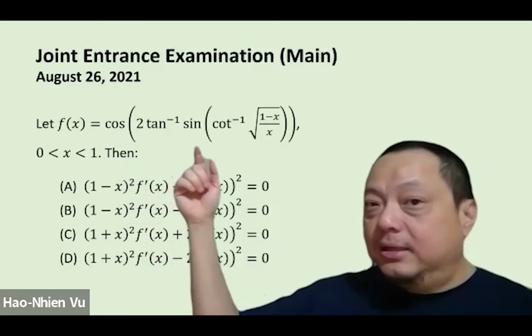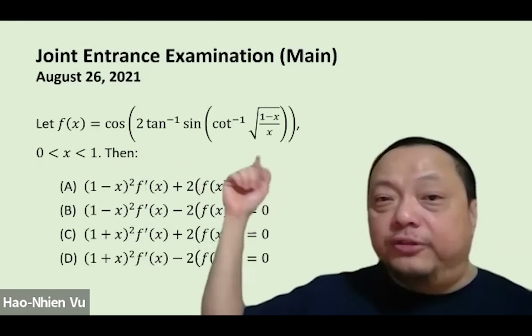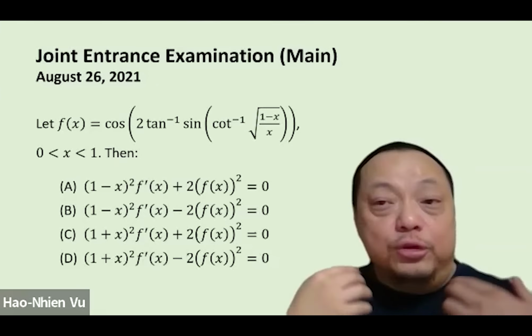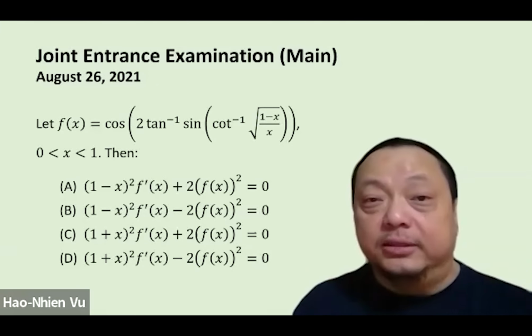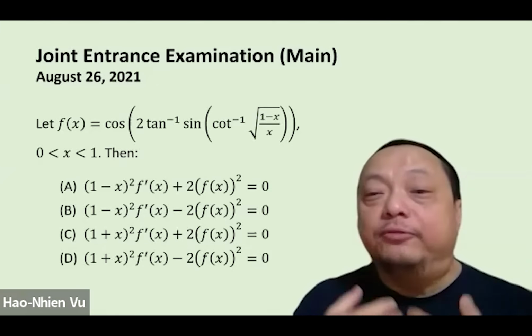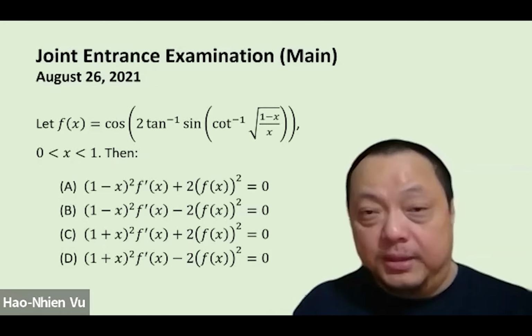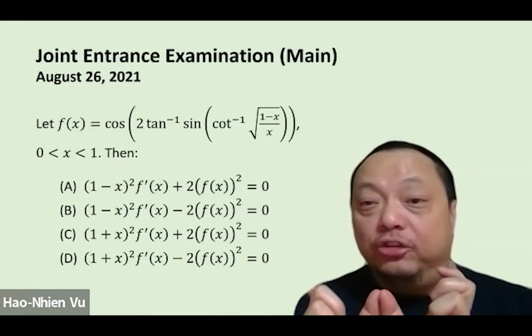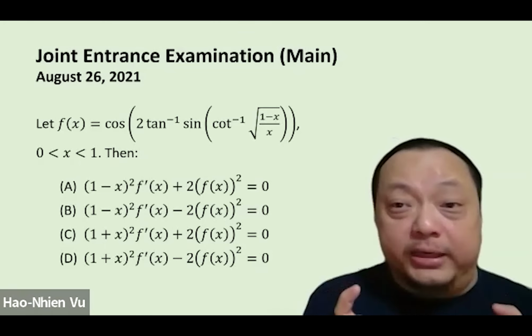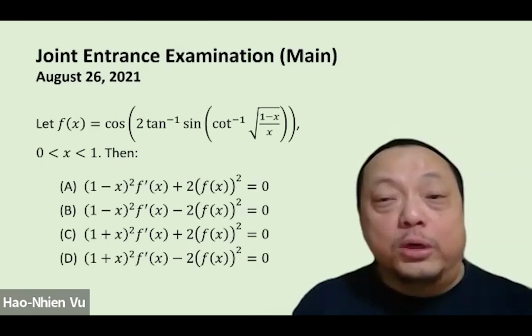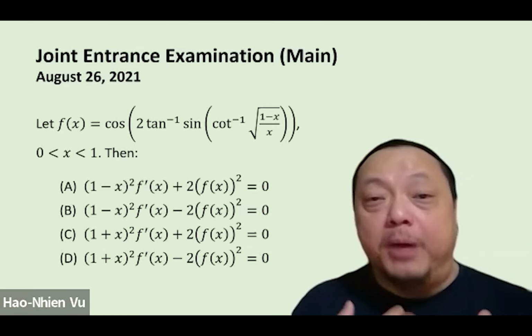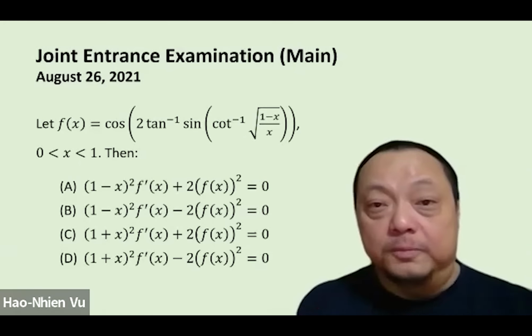F is a composition of a lot of functions. So if you're just going to go ahead and take the derivative, you will have layer upon layer of the chain rule. And each time you apply the chain rule, you end up with a product. And so you will also end up with layer upon layer of product rules.